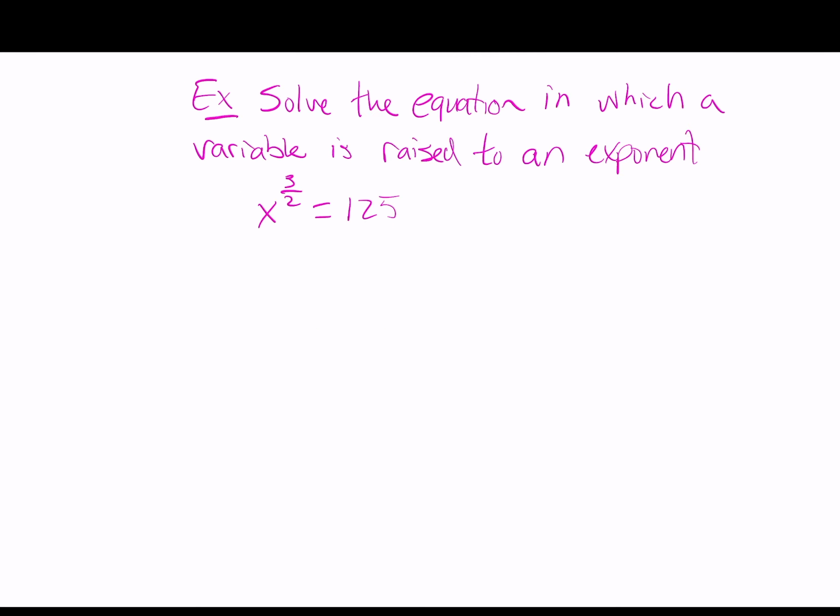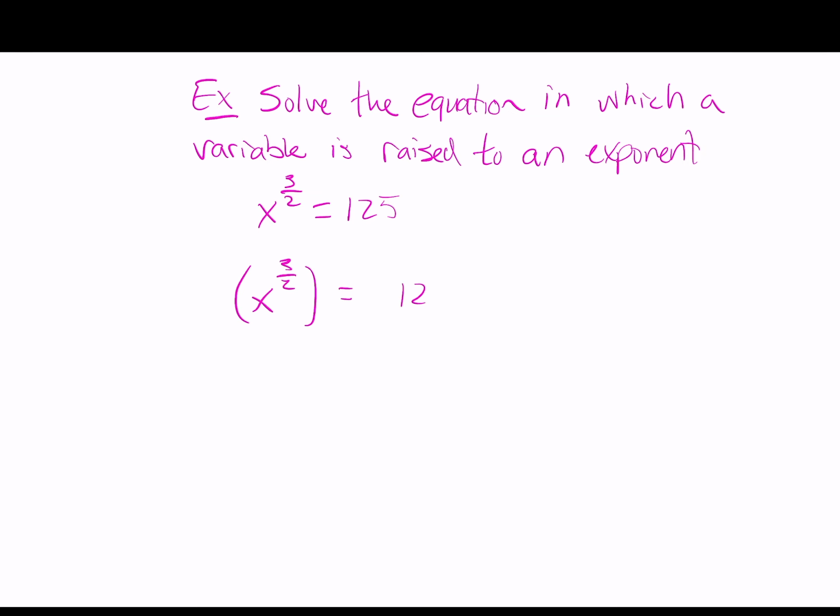Now let's try it using variables. We now want to solve an equation in which a variable is raised to an exponent. So we have x to the 3/2 power is equal to 125. So how do we remove the exponent on x? Well, we raise both sides of the equation to the power that's the reciprocal of the power we have.